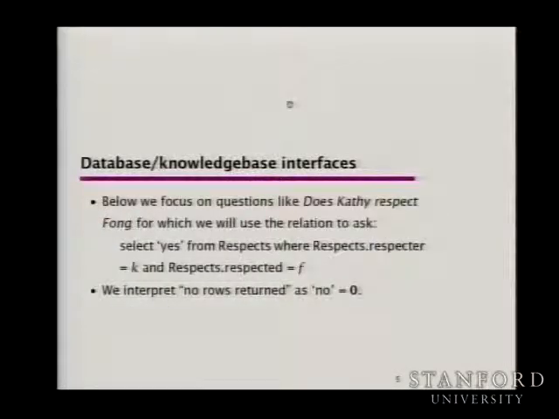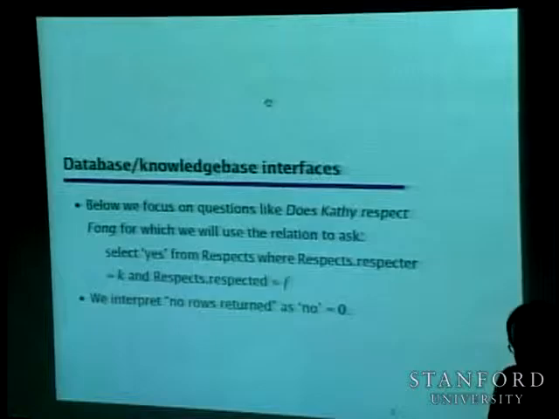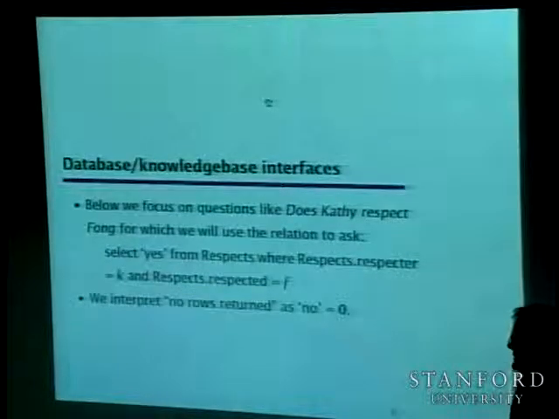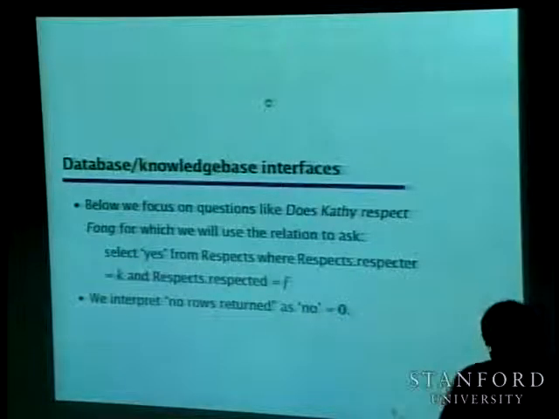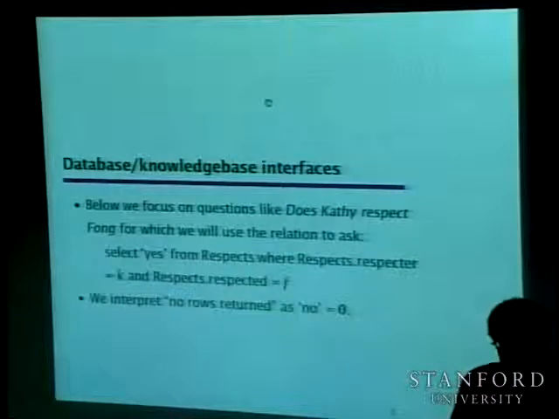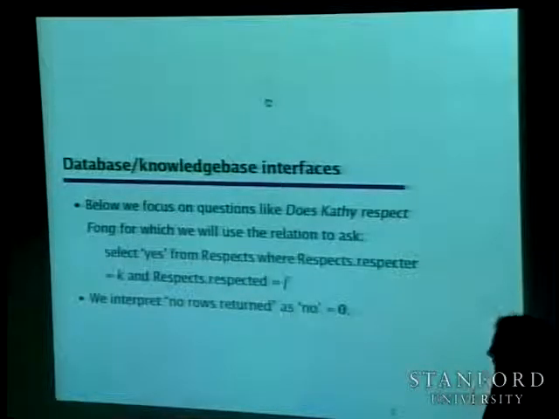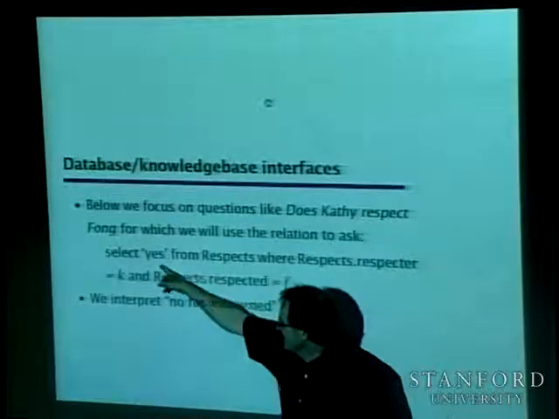Alternatively, and perhaps slightly more interestingly, we could also look at the goal of answering questions. We will want to be able to answer the question: does Kathy respect Fong? So we'll want to do a query of the database and work out whether it holds a particular row. At this point we use a teeny little SQL trick where we say select yes from respects where respects.respecter equals K and respects.respected equals F. We're wanting to ask yes-no questions, and we can fake that up in SQL by saying select yes.